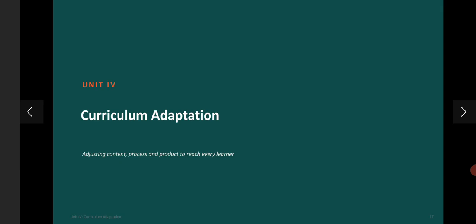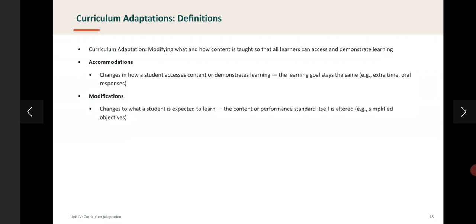Okay. Curriculum adaptation. That includes the content, process and product to reach every learner. So what is curriculum adaptation? Adaptation is something getting adapted, right?